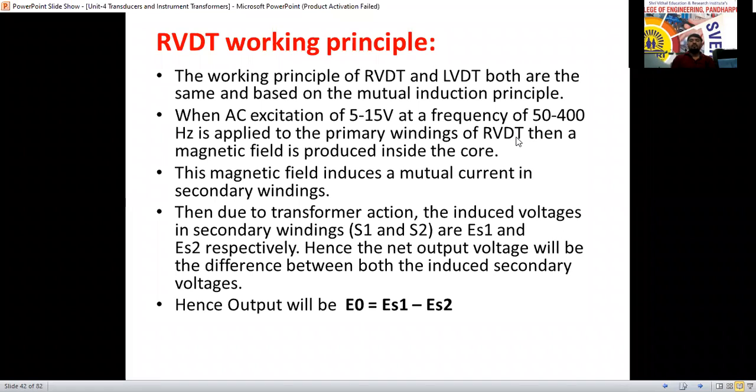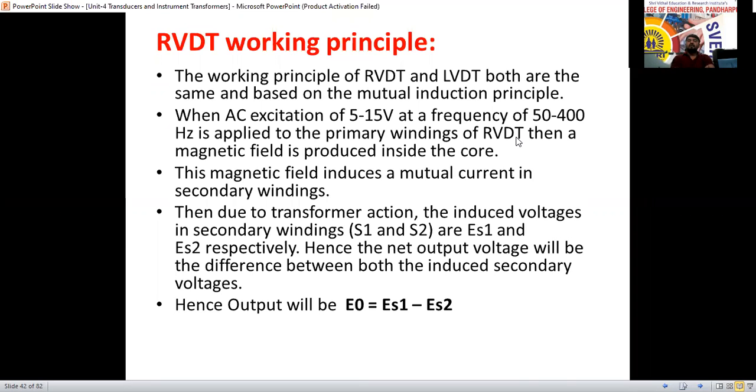Because of the mutual inductance, the magnetic field induces a current in the secondary winding. Then, due to transformer action, an EMF is induced in the secondary windings S1 and S2.